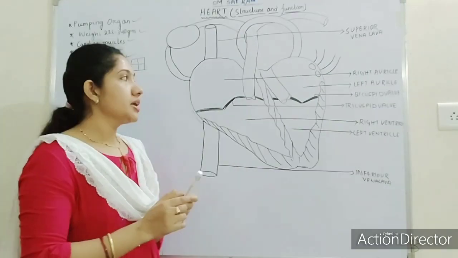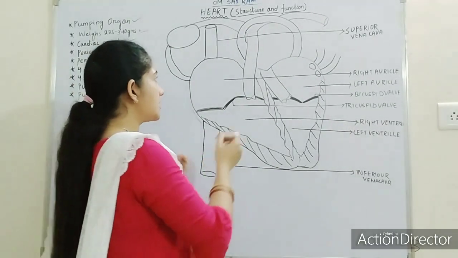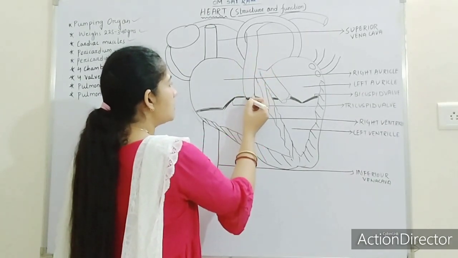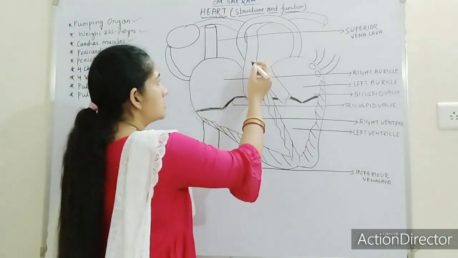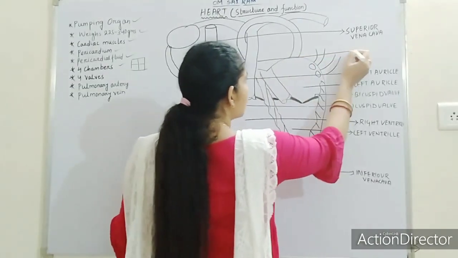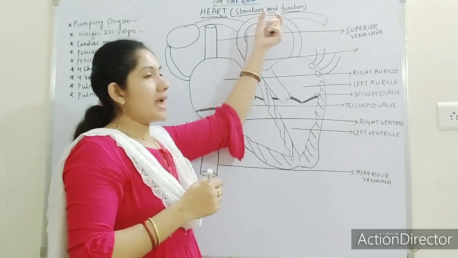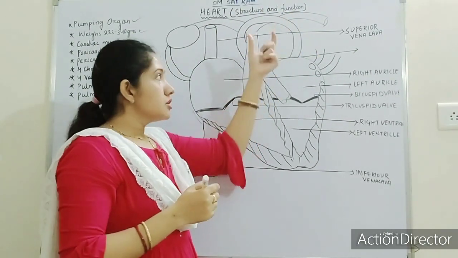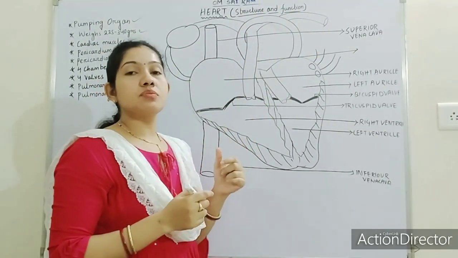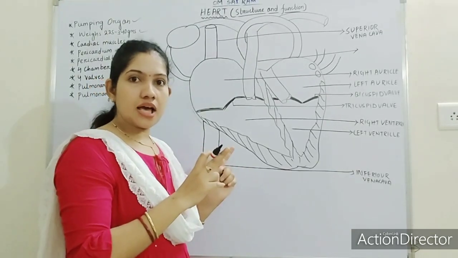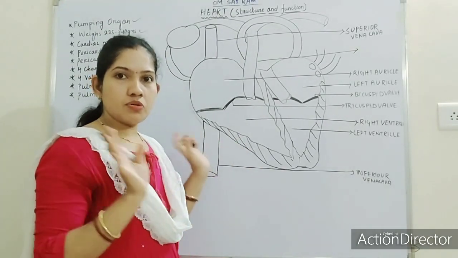Okay, got it? Again you can see here this is a pipe like structure. This is connected to the lungs, towards the right lung and left lung. So this is called the pulmonary artery. We have already discussed it in the last class, and we will discuss its function.